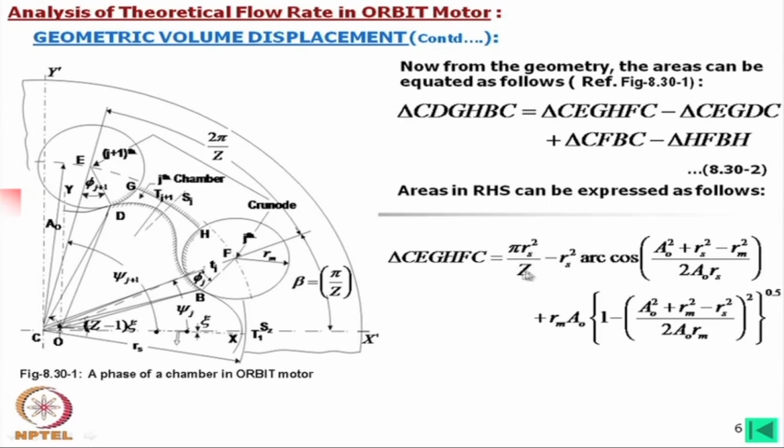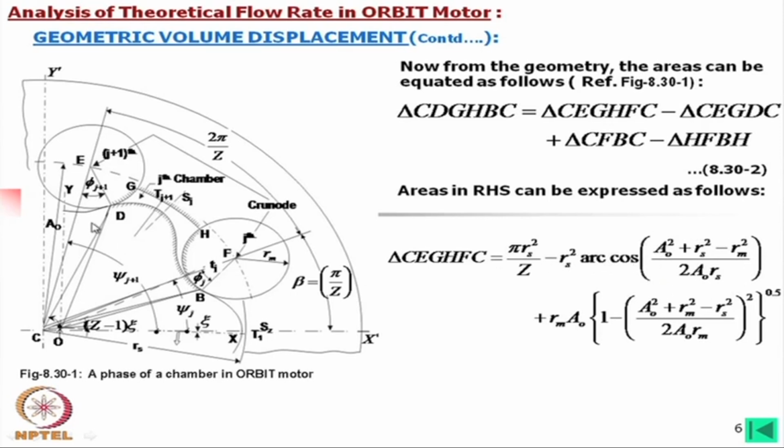We have taken 1/7 of this area, because this area will be 1/7, and then we have taken Ra square arc cos, which means cos inverse of this angle.